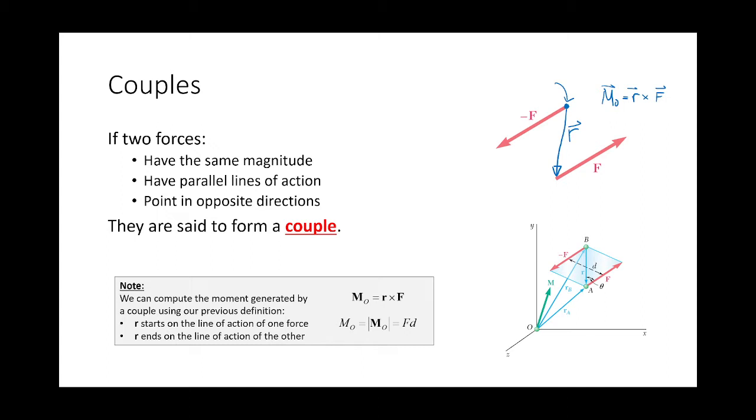But basically, the idea is if I have a force right here and a force right here, so this is F, and they are in equal and opposite directions, separated by some moment arm d, then the moment is force times d. That's basically the idea of a force couple.